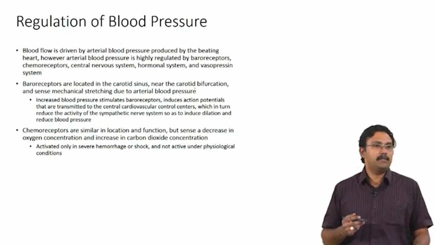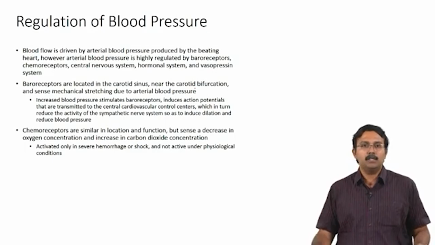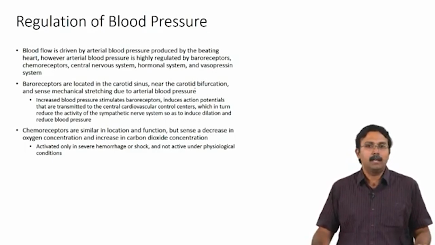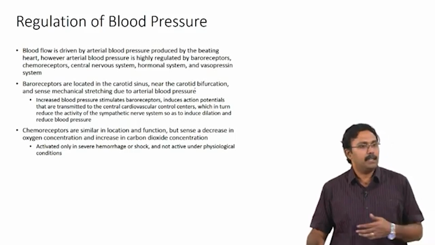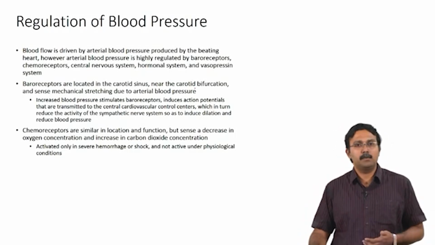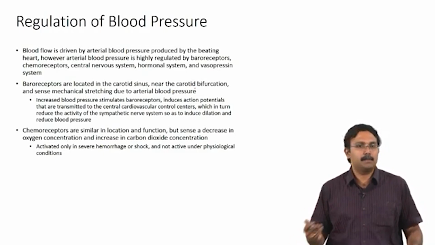So, the blood flow itself is driven by the arterial blood pressure, which is produced by the beating of the heart. However, this pressure is also highly regulated by other factors like baroreceptors and chemoreceptors, the central nervous system, hormones and the vasopressin system and so on.